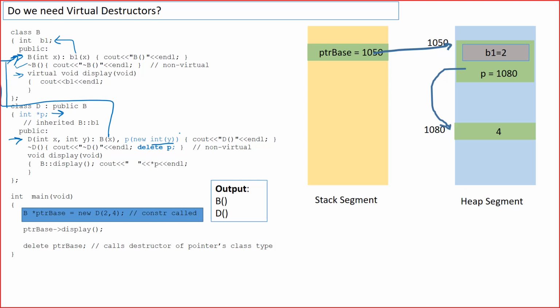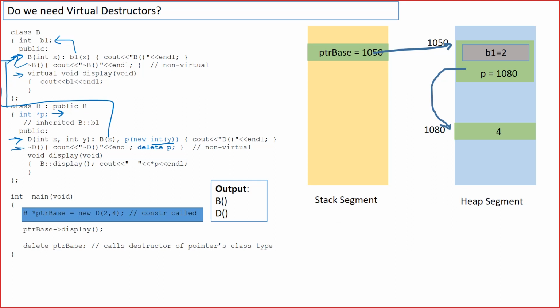Y is stored somewhere, so the memory mapping is something like that. Whenever we create this type of object, memory is allocated in the heap segment, and the memory mapping is like that. Let me discuss this first.